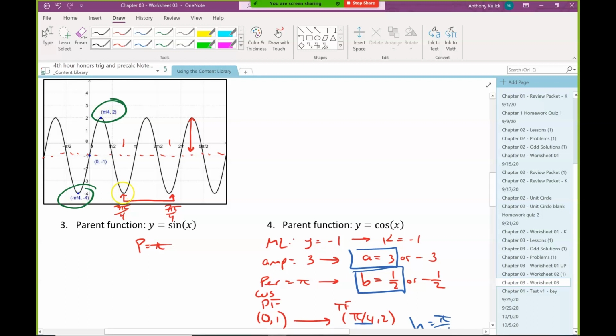So I just picked this section here that goes from minimum to minimum. Yeah, so I just went up and figured out, okay, so that's 3 pi over 4. And that's 7 pi over 4. So the amount of distance I traveled there was 1 pi. And that was my period.